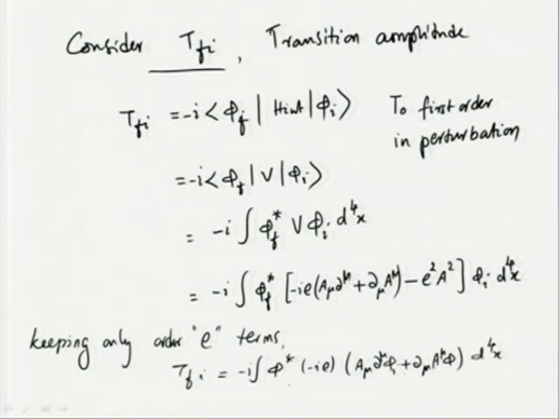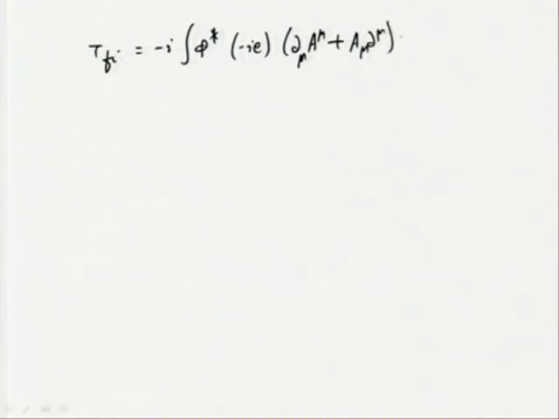So, the first phi is the final phi, the second one is the initial phi. Now, let us take this T_fi and look at it closely. Phi star, minus i e (dou_mu a^mu plus a^mu dou_mu) phi I d^4x.